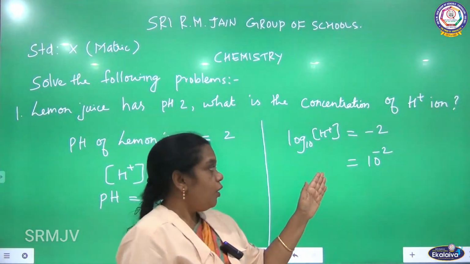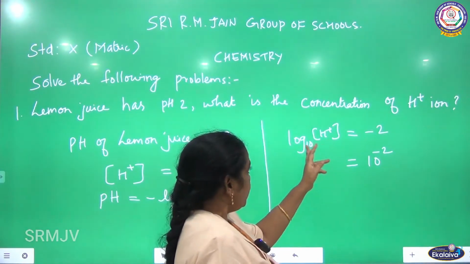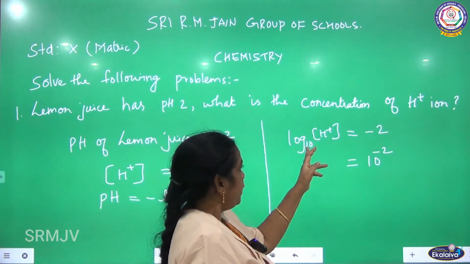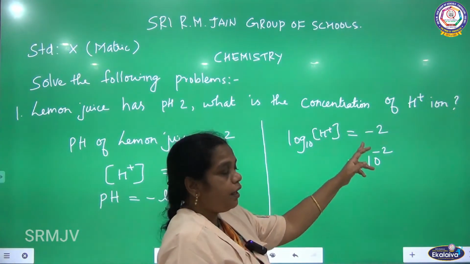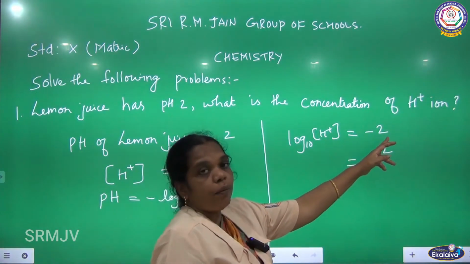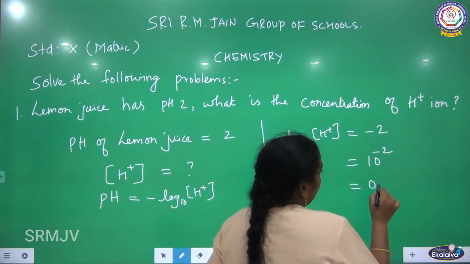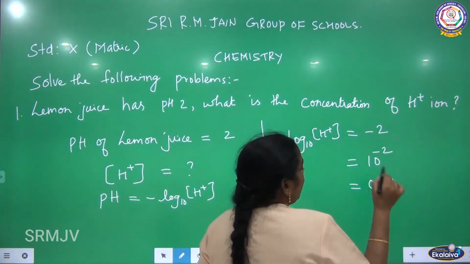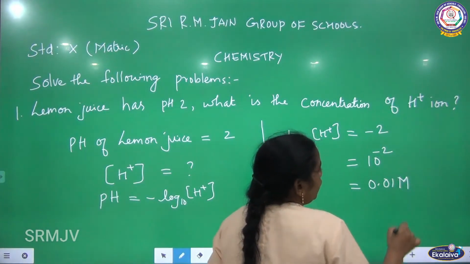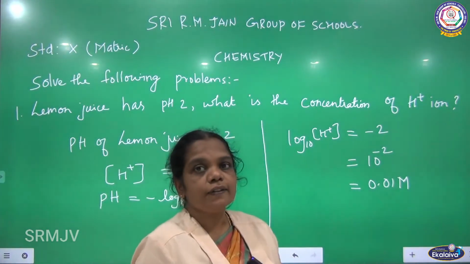So now this can be written otherwise, the 10 base. This is written as 10 to the power H plus ion and 10 to the power minus 2. Now this can be rewritten as 0.01. The concentration term you have to write as molar concentration.